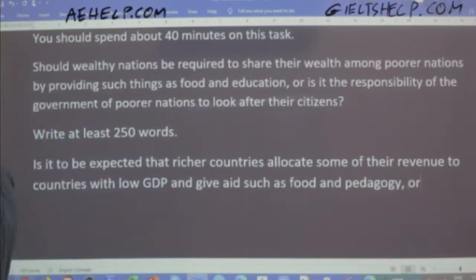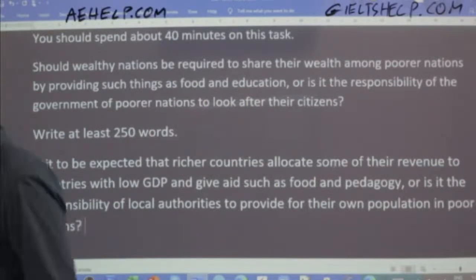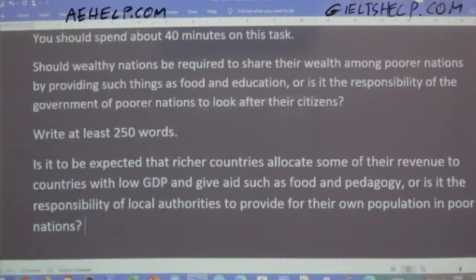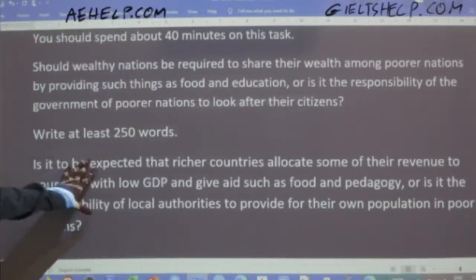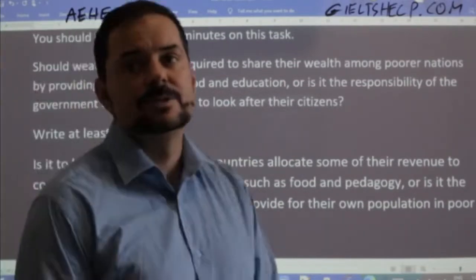Or is it the responsibility of local authorities to provide for their own population in poor nations? Okay, so there is my paraphrase, and this is what I have to decide on, and I have to write at least 250 words.